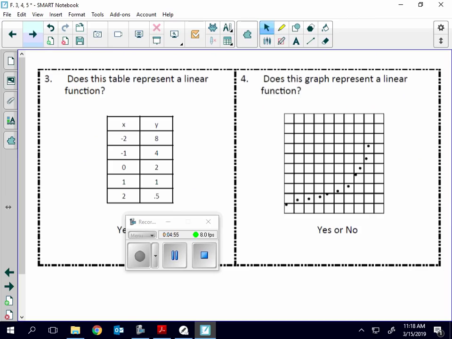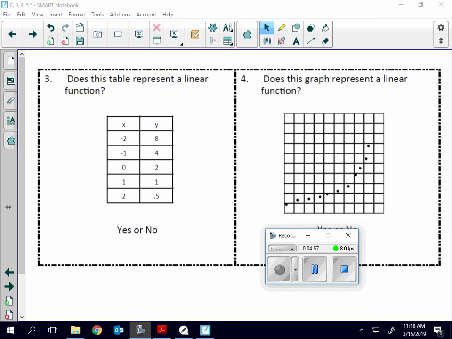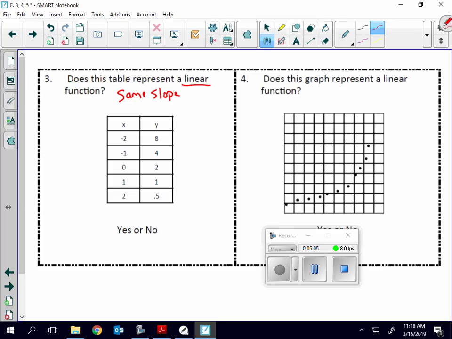All right, does this table form a linear function? Well, we just did the table, right? We have to see if it has the same slope, right, for linear. Well, let's see. This one is smaller by 4. This one's getting bigger by 1. This one gets smaller by 2 and still bigger by 1.